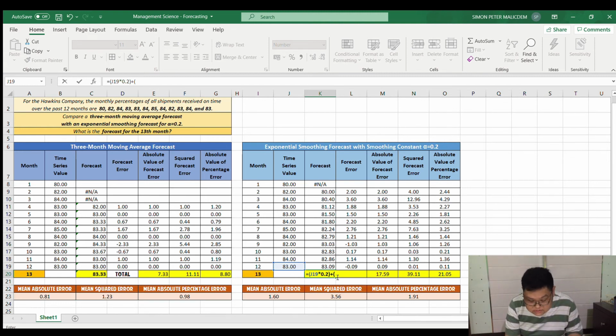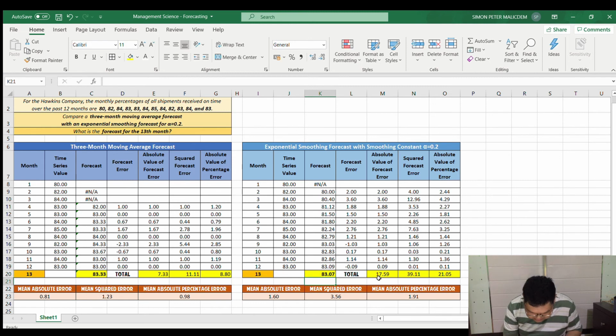So 1 minus 0.2 is 0.8 times the forecast for the 12th month. And click enter. Okay? There we have it.